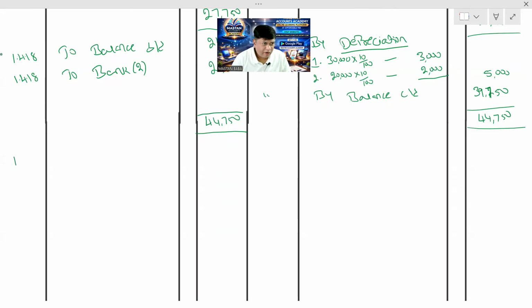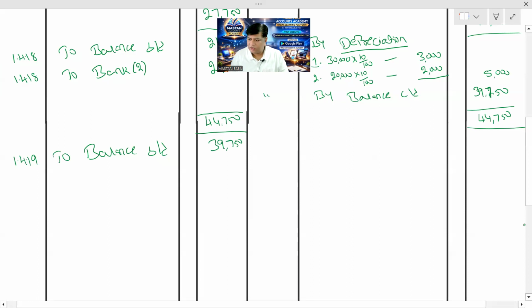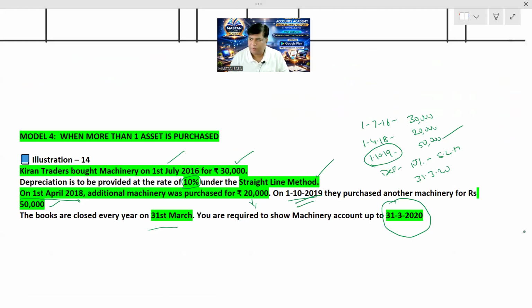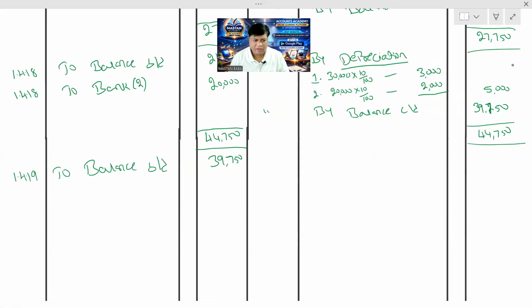And the next one, 1/4/19, to balance brought down. That comes to 39,750. And students, on which date did they purchase the third machinery? They purchased on 1st October 2019 for 50,000. 1st October 19. So do remember, this is our accounting year where they purchase another machinery.